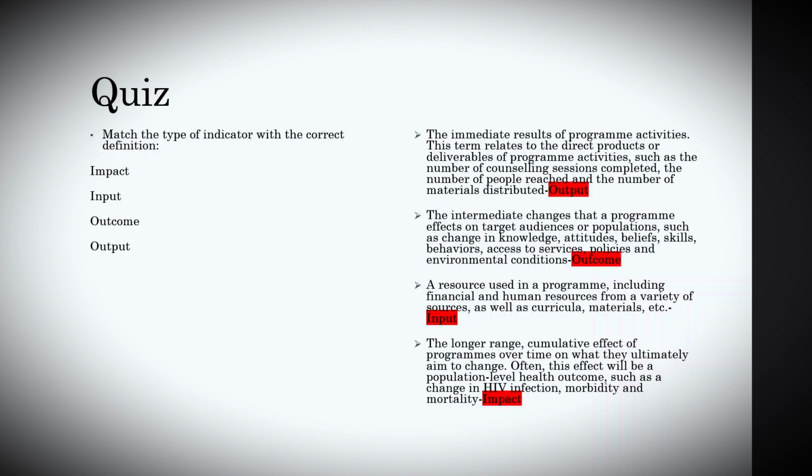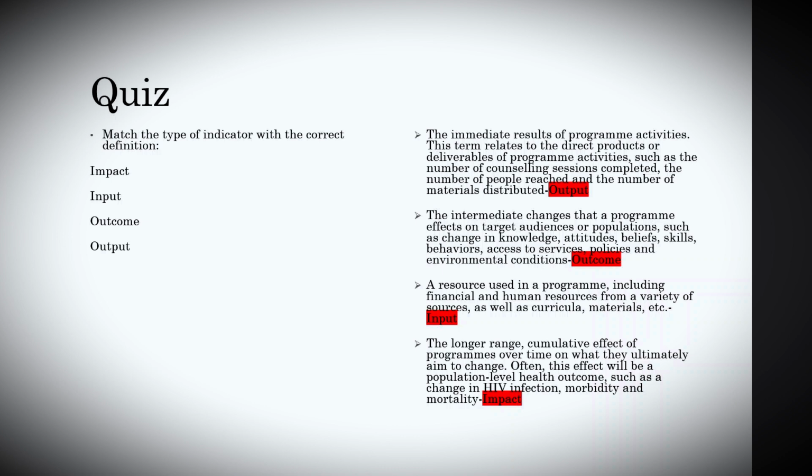Then, resources used in the program, including financial and human resources from a variety of sources, as well as curriculum material, etc. Here is input, because input we have already defined as resources that we invest in our project, such as human resources, financial, etc.